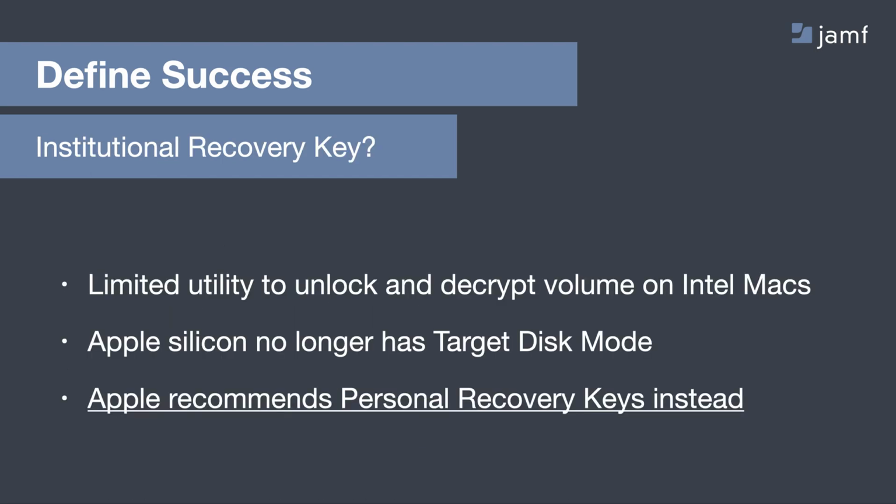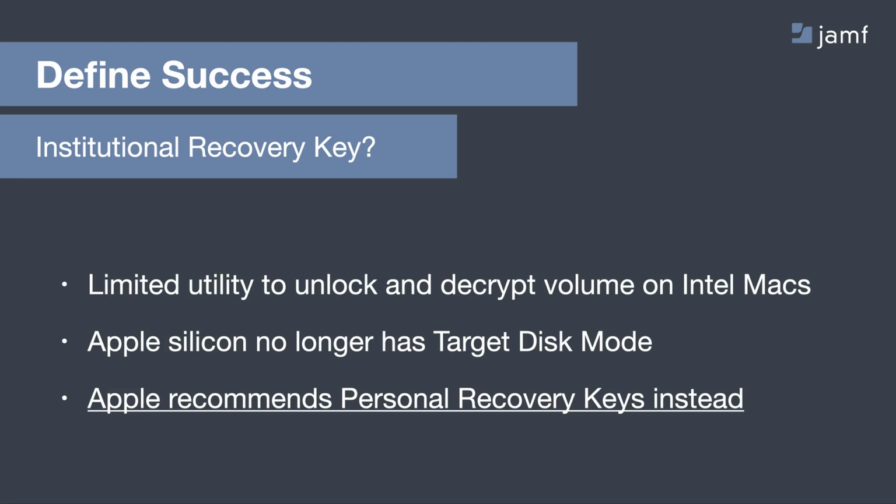You'll notice among those considerations, I'm leaving out institutional recovery keys, and that's intentional. An institutional key has limited utility for unlocking and decrypting Intel Macs, but Apple Silicon Macs no longer have target disk mode.